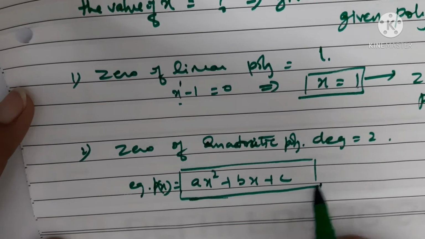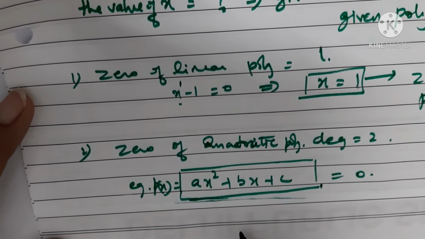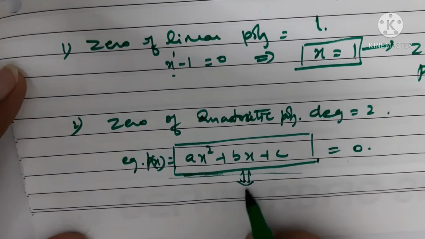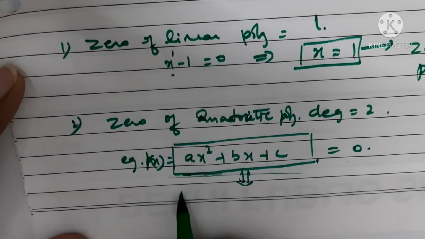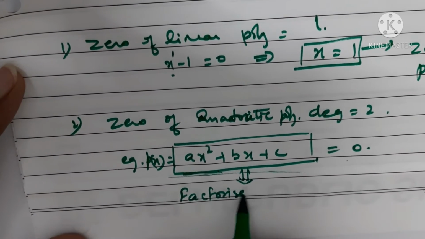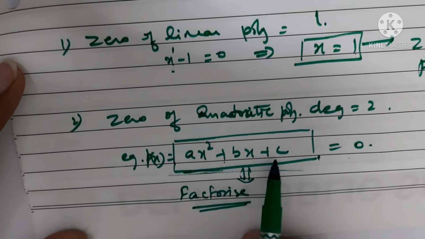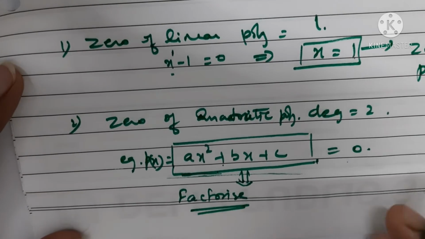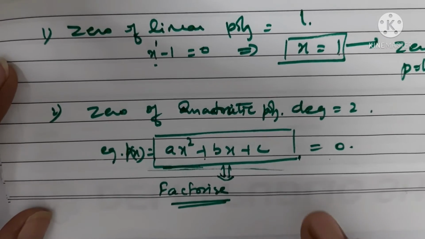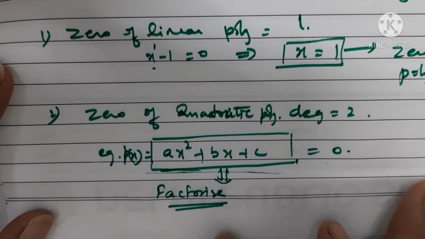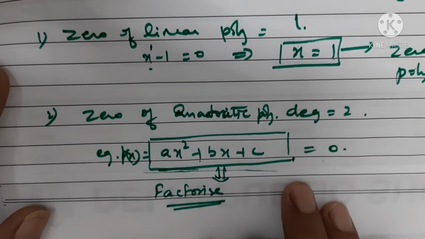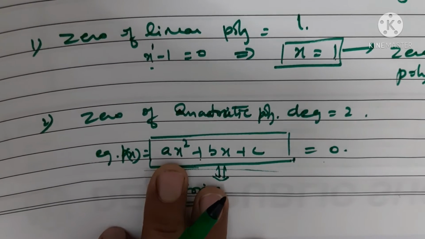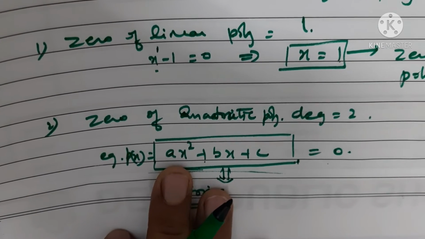To get the 0 of this polynomial, you have to equate it to 0, and when you put it equal to 0, to find the value of x you have to factorize this expression, so that you can find the 0 of the polynomial. Understood? And you should also know that the 0 of the polynomial itself is the root of the polynomial. Okay, it is also said as the root of the polynomial.